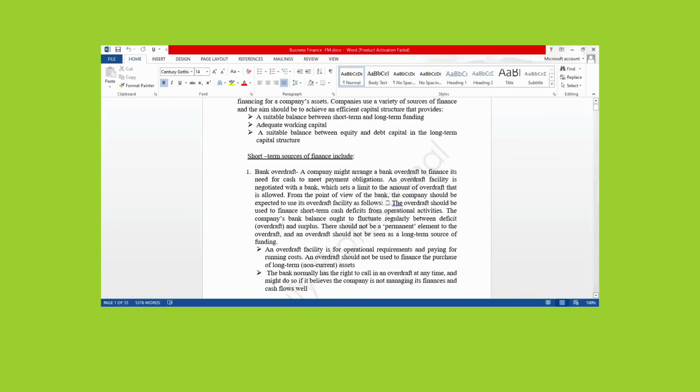Point number two, the overdraft bank balance should fluctuate regularly between deficit and surplus position.